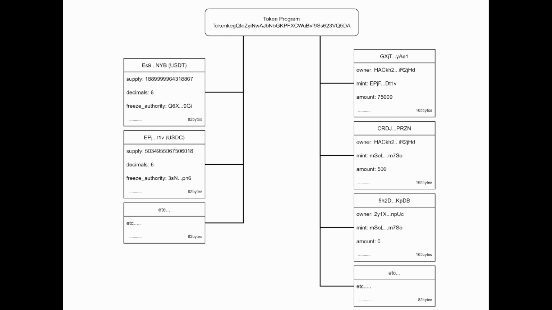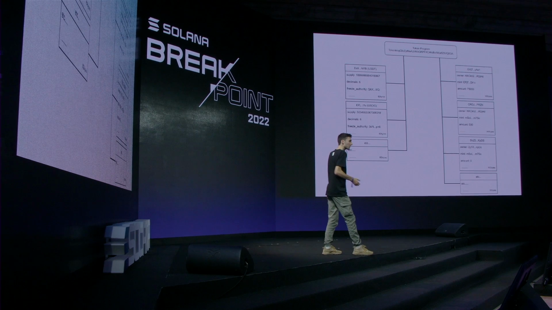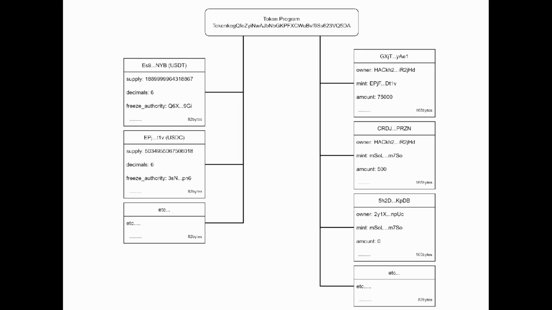Just another example. Here we have the token program. And the token program can create two different types of data accounts. It can create the tokens that we have here on the left, and on the right we have the token accounts.